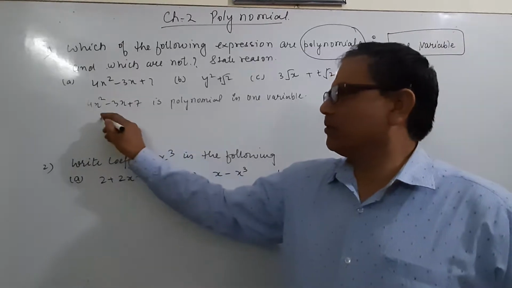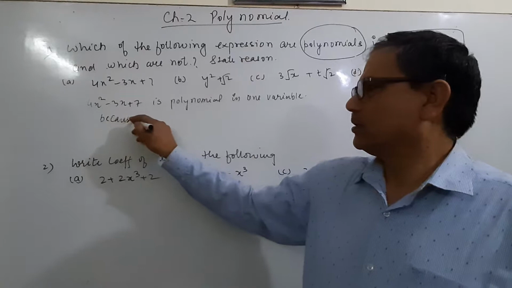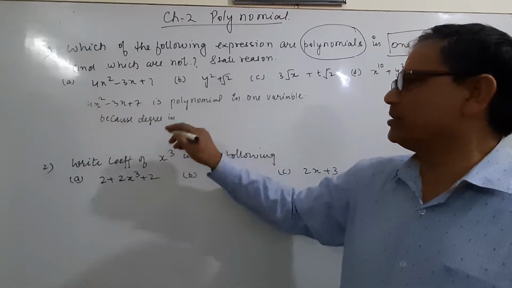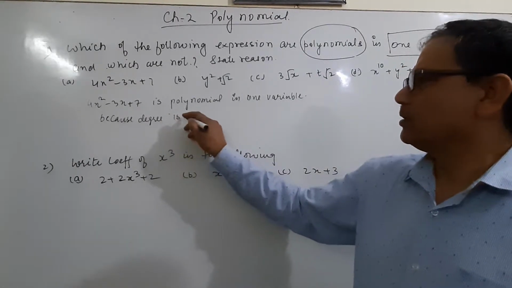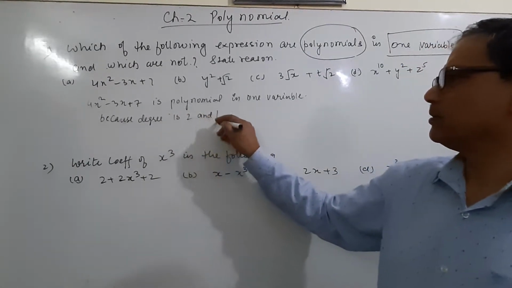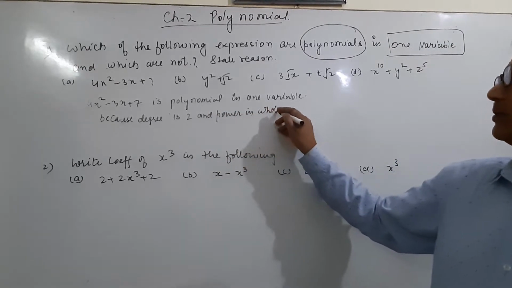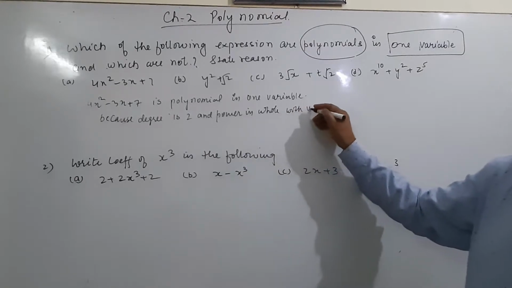Because the degree is a whole number. The degree is 2, and the power is a whole number, with variable x.